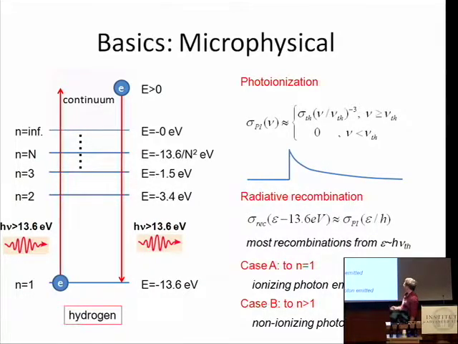Now, in terms of recombinations, I said you can recombine to any level. We distinguish between recombinations to the ground state, which is called case A, because these recombinations emit an ionizing photon. And if you think about it, if you consume an ionizing photon and then recombine to the ground state, you emit an ionizing photon.